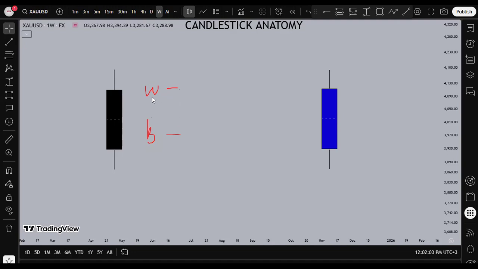When we are talking about wicks, here is where we mark our swing points. And when we are talking about the body, every opening and closing price of the candle is a level.